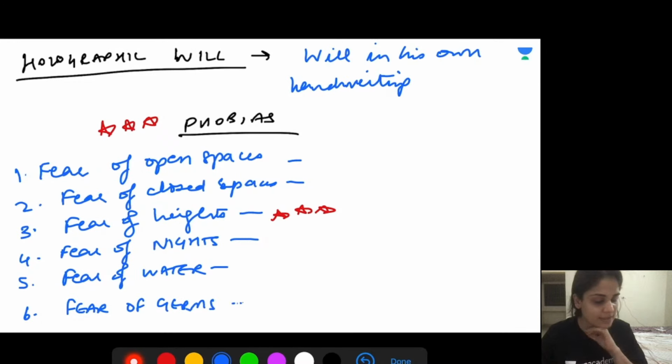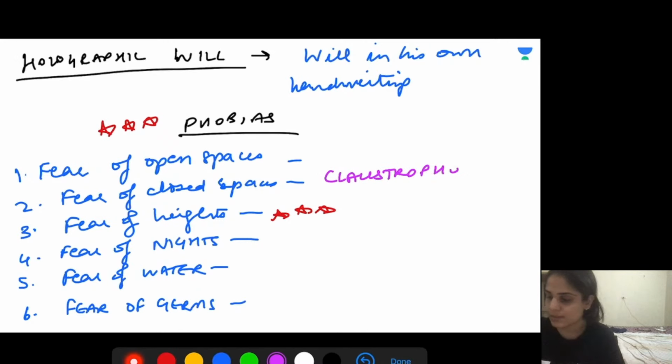Okay. Kiran has said claustrophobia is fear of closed spaces. Absolutely correct. So fear of closed spaces is called claustrophobia. Good. Next, Suman Kumar Ojha is saying acrophobia. Yes, so that is fear of heights. Okay. Acros means height. So fear of heights is called acrophobia.